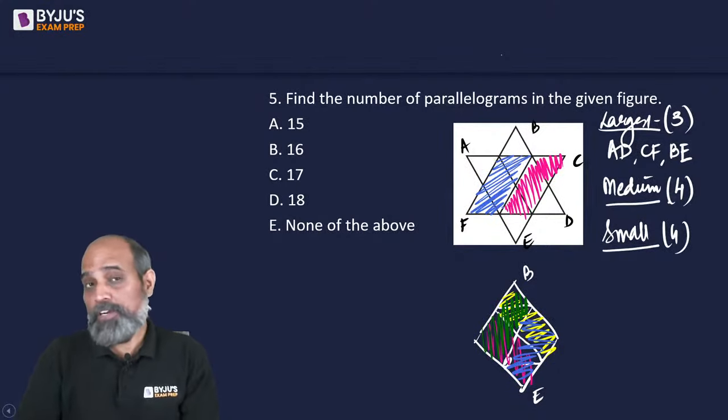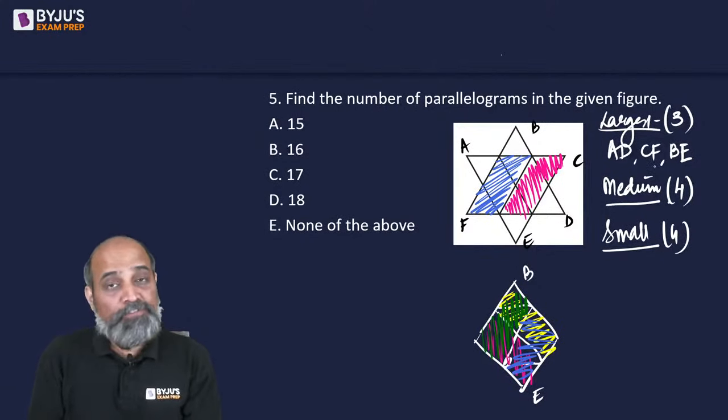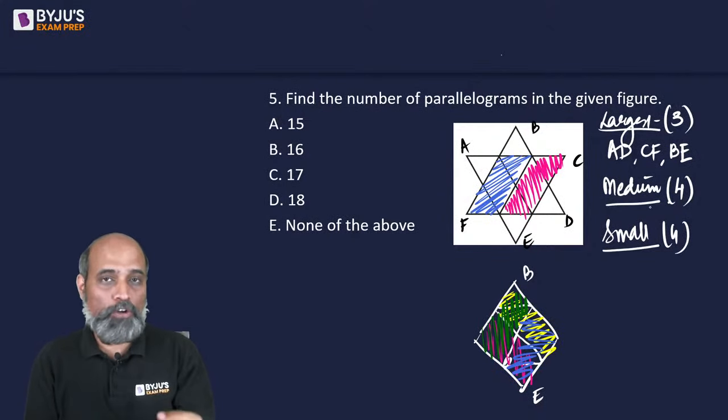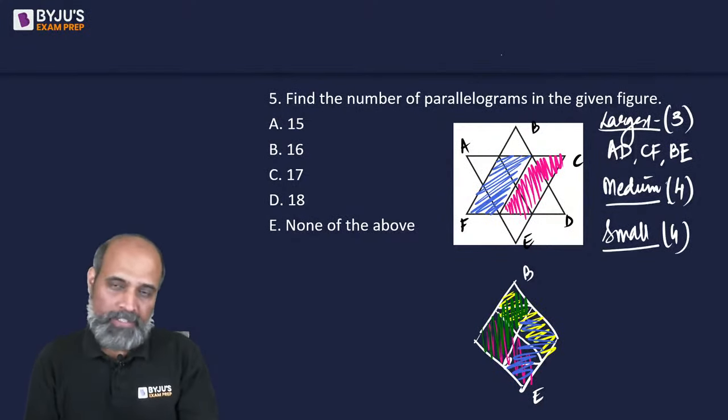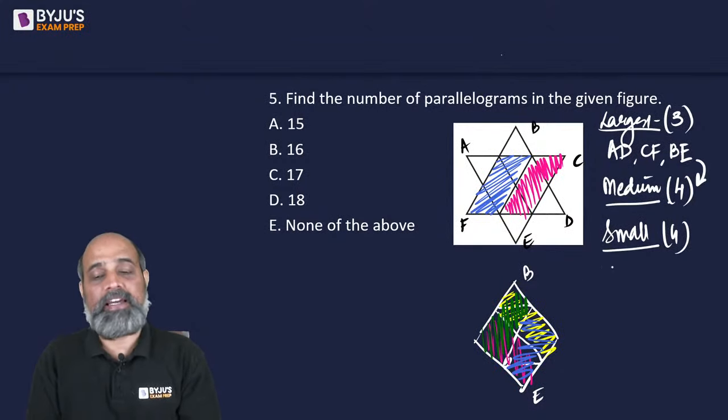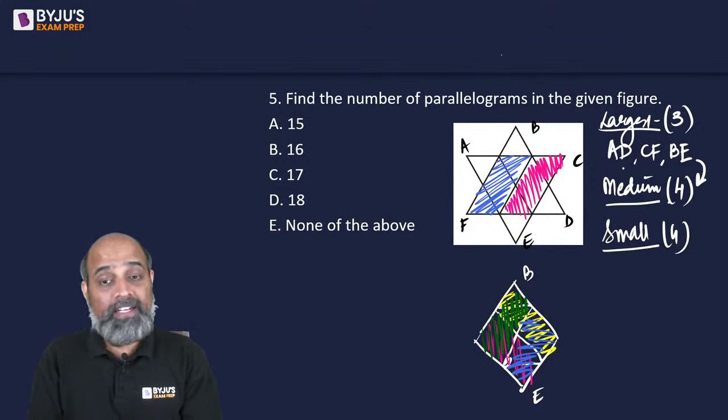We did not see these two parallelograms, the medium sized ones. So for the CF parallelogram, in B we got 4 because B was more symmetrical, right? So within BE we got 4. These 4 medium sizes that came were from B. So we are going to get 2 from CF as well.